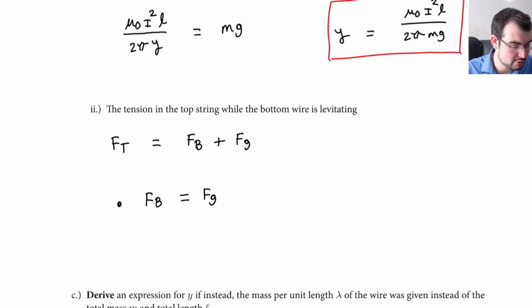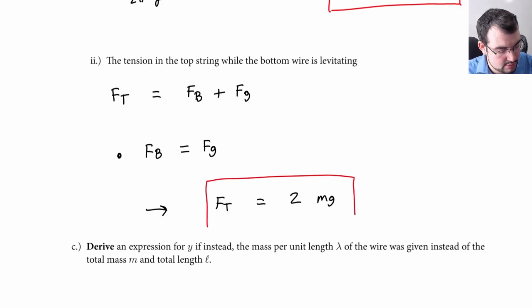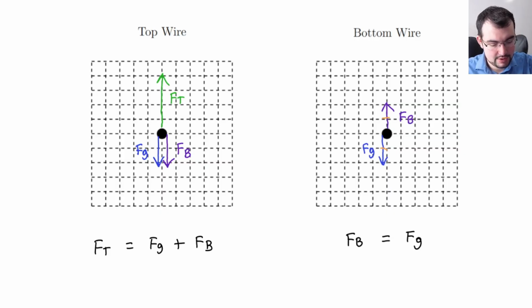So this magnetic force totally balances the weight of the cord. So this actually means that Ft is simply equal to 2 mg's. We can actually see that from our force diagram, because from our force diagram, we see that the gravitational force had to be the same as the magnetic force, because over here, they balanced.